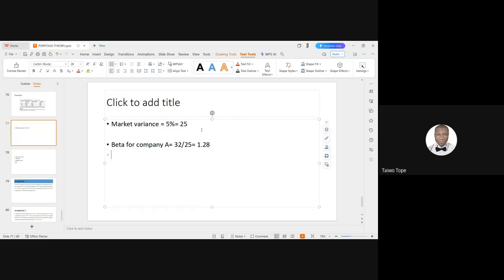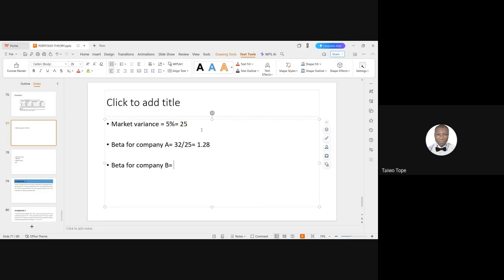Now, beta for company B will be what? You know, the market covers everything. 25 will be constant for everything.